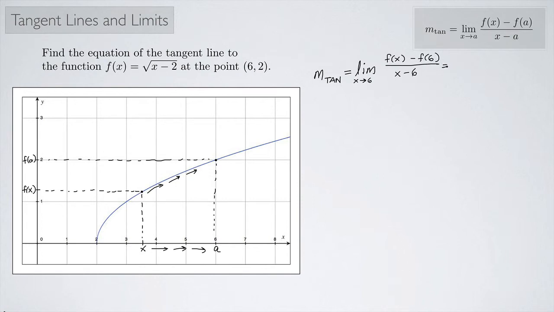Okay, so what is this? Well, I can actually plug in now for the f of x and f of a. F of x is, well, that's the formula right here. F of x is square root of x minus 2. Okay, so this is square root of x minus 2 minus, and this must be the square root of 6 minus 2. That's what f of 6 would be, all over x minus 6.